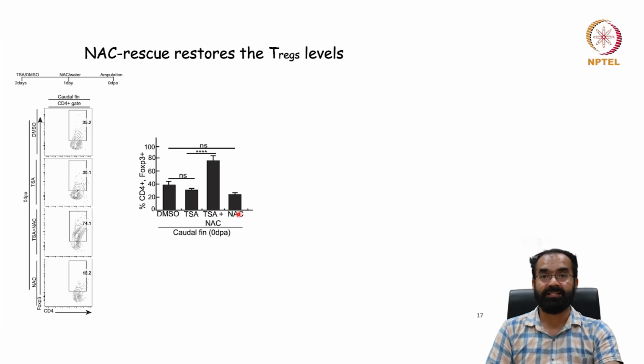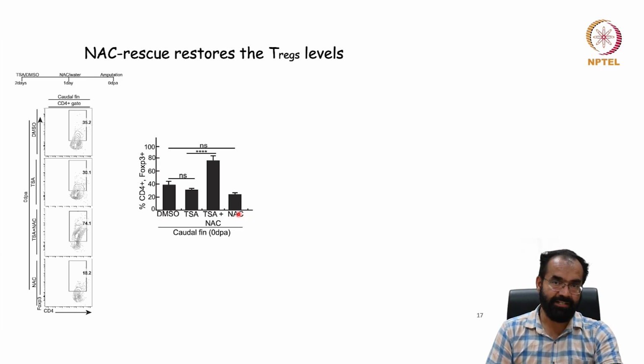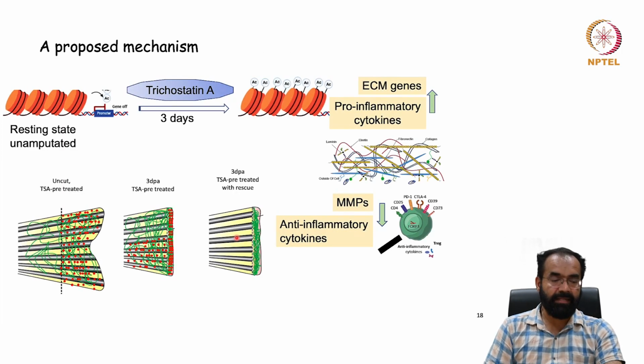In the same way, TSA makes a pro-inflammatory environment, creates less of Treg population migration there, but NAC allows more of the regulatory T cells, which restores not only Treg levels, but also allows the regeneration to continue properly. So in this proposed mechanism, what you are seeing here is the resting state, the unamputated state.